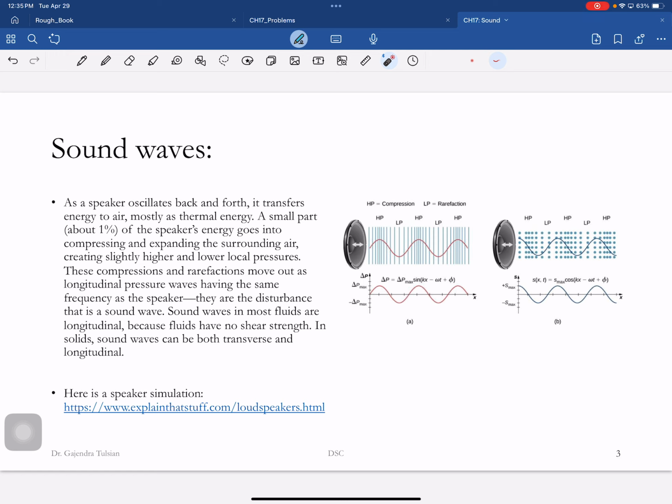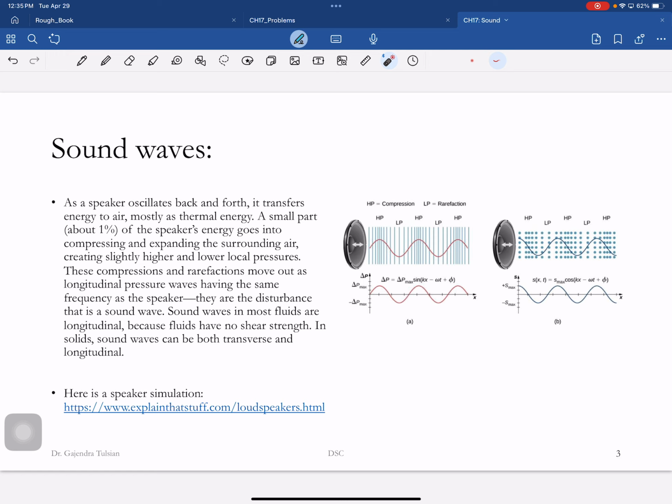The frequency is below what you can hear. Okay? So in principle, you can hear about 20 hertz, but this is way below 20 hertz. Okay? So this is an infrasonic sound. Infra meaning below the frequency you can hear.